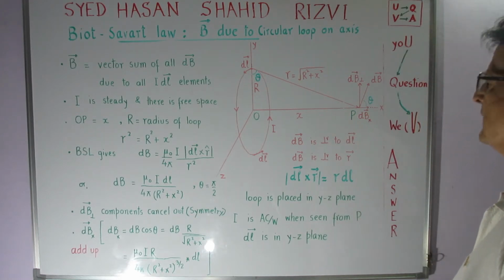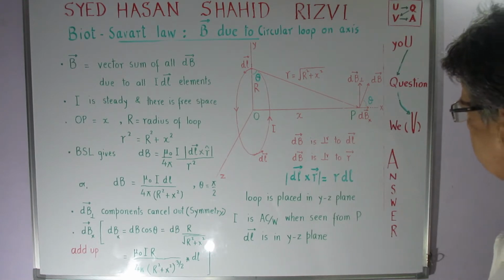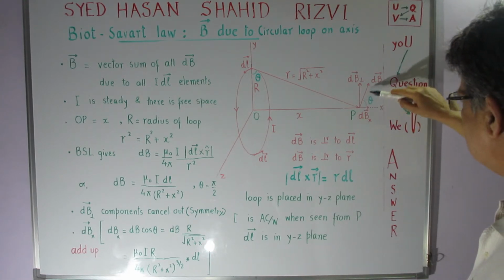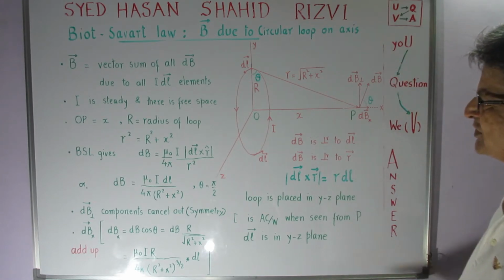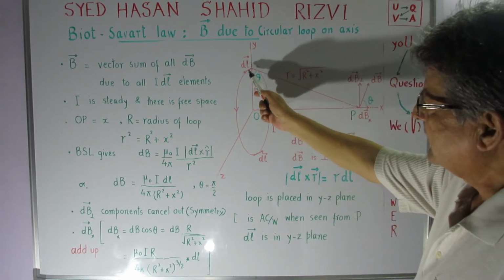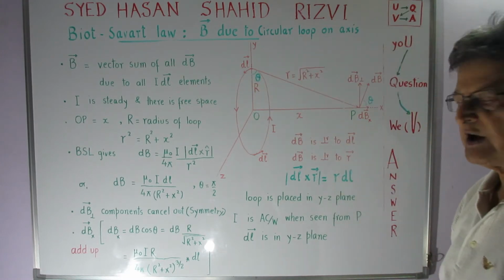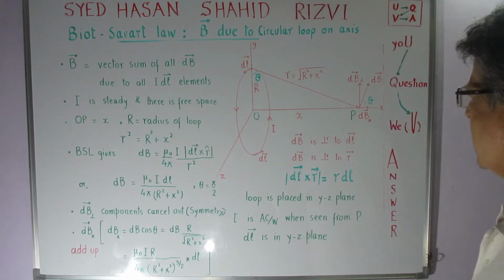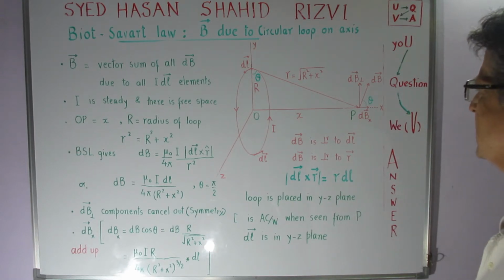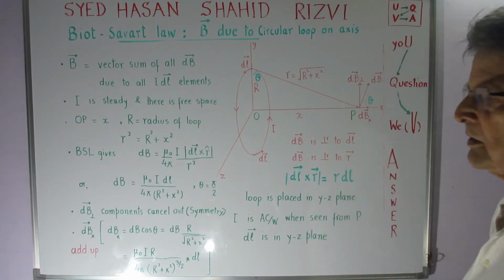Now you can see that I have shown here dB due to this small current element, dl element, which is carrying current, and this is, as you know, perpendicular to this vector r over here.